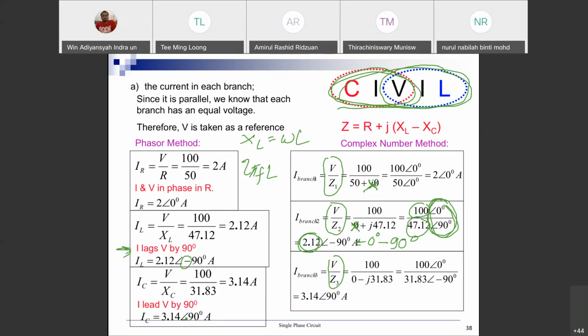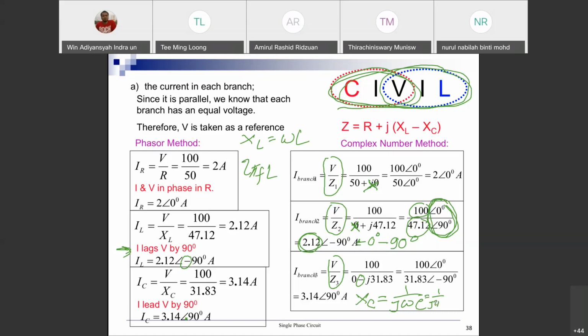For C, XC equal to 1 over j omega C, right?